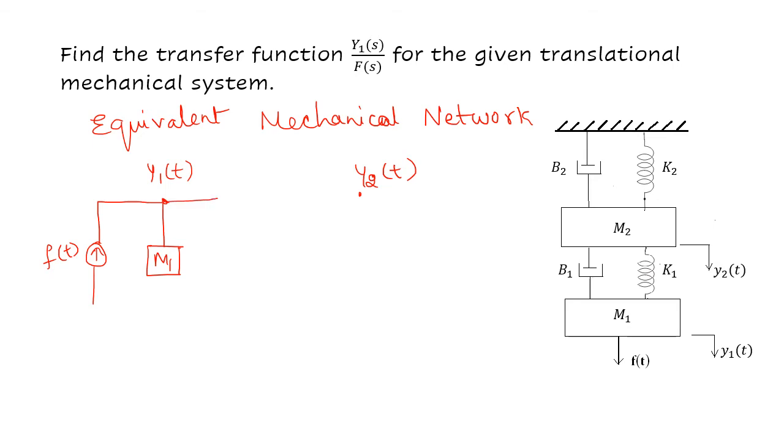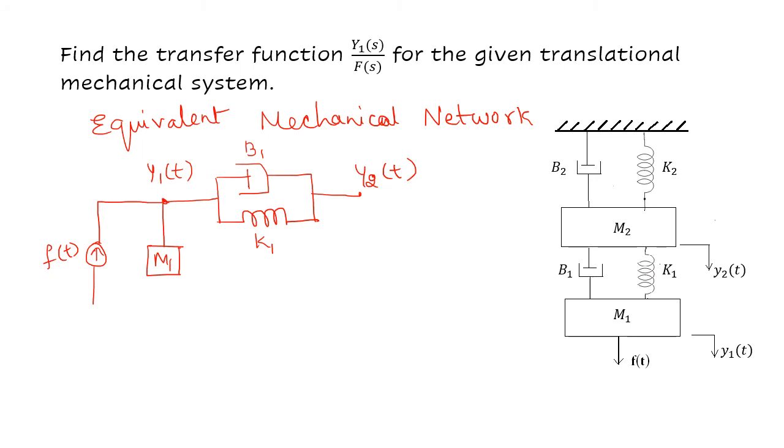So we represent the damper which is b1 and the spring effect which is K1, between Y1 and Y2.